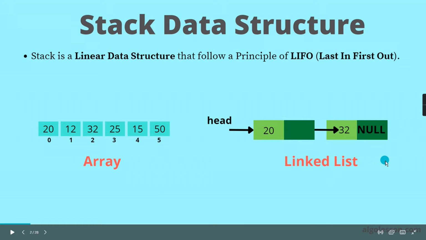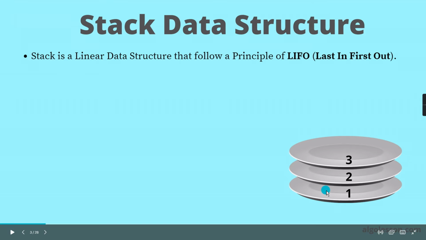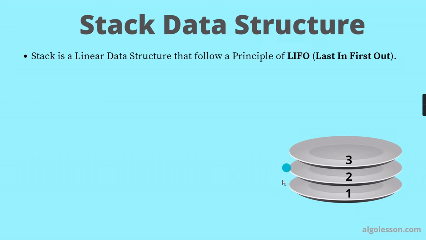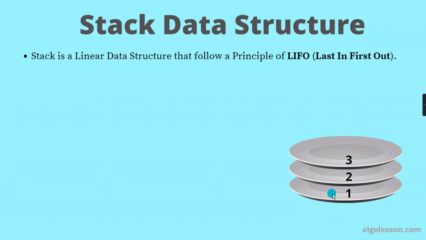To understand this, let's take an example from our real life. Let's say this is the arrangement of plates, and you can observe that the second plate is placed on top of the first plate. Similarly, the third plate is placed on top of the second plate. Now, let's say I want to place one more plate, the fourth plate.